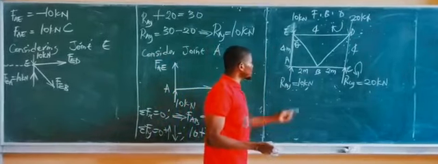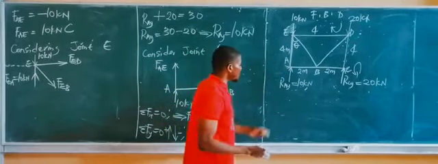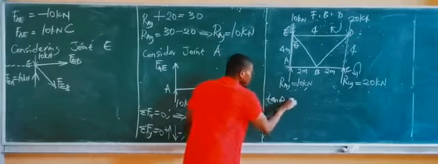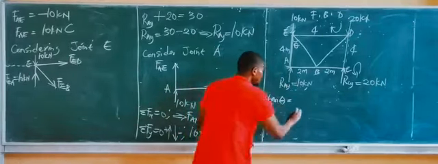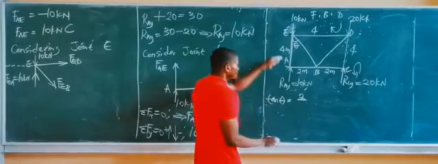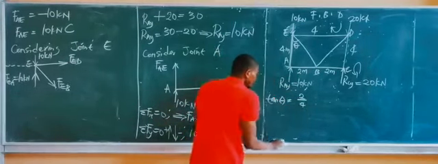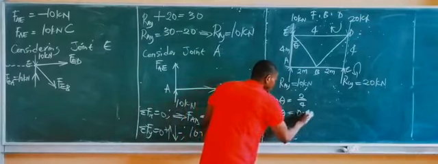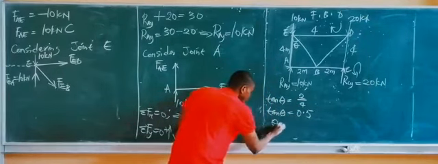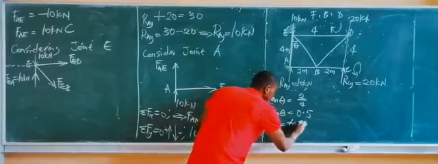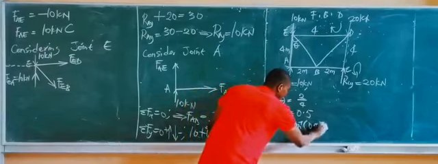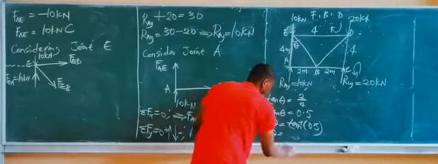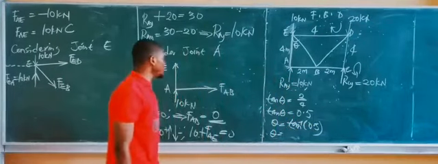Opposite is 2 meters, adjacent is 4, which means tan theta is 0.5, and therefore theta itself is simply tan inverse of 0.5. So the angle at which that force is inclined is tan inverse of 0.5.